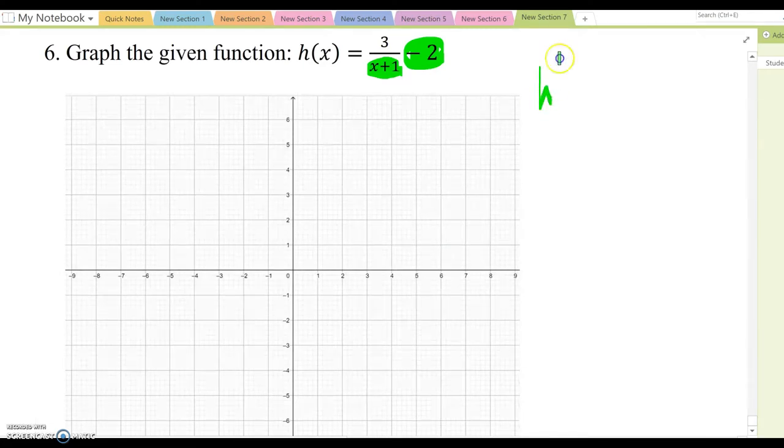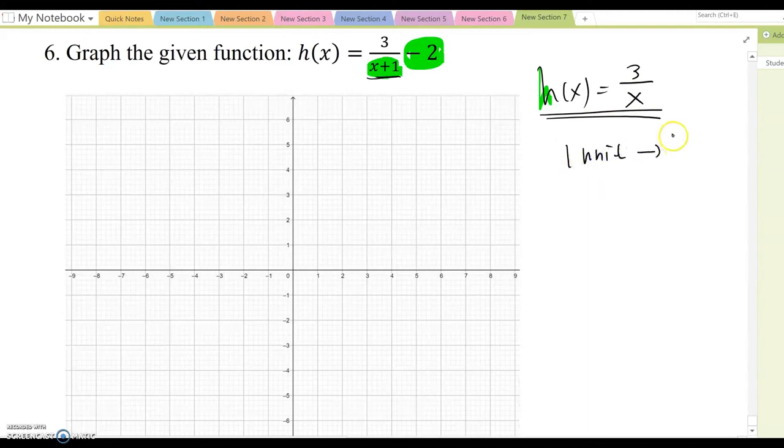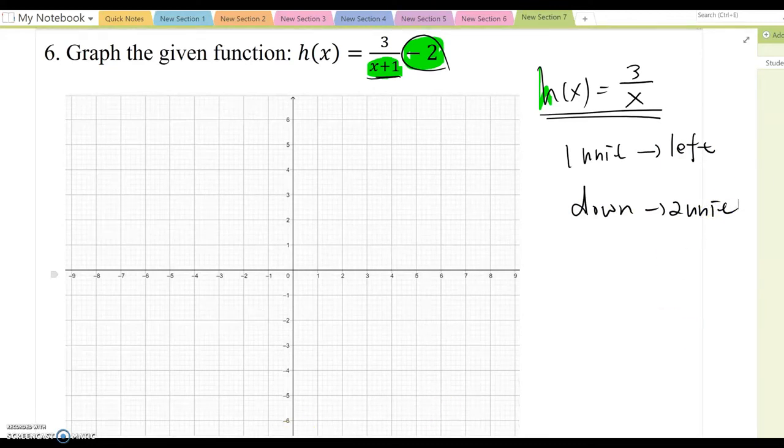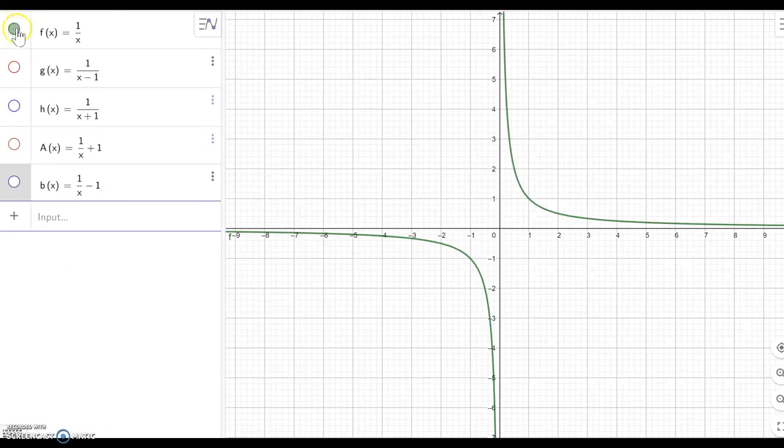If we know the h equal 3 over x graph, then we can conjecture this means moving 1 unit to the left and then down 2 units. Okay? Now let's see how it looks from GeoGebra.